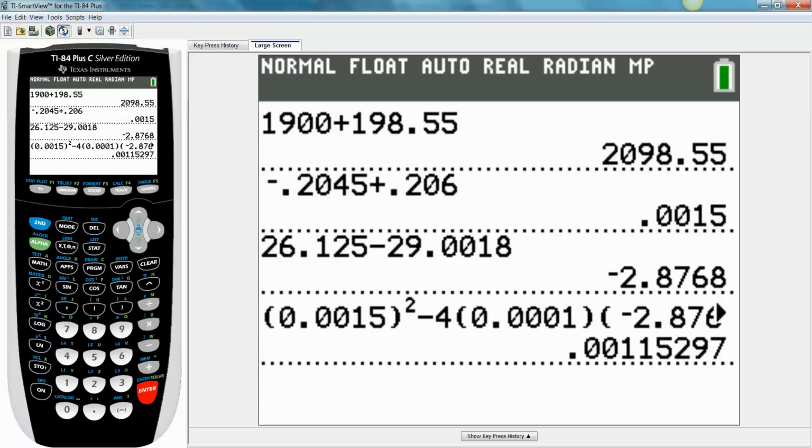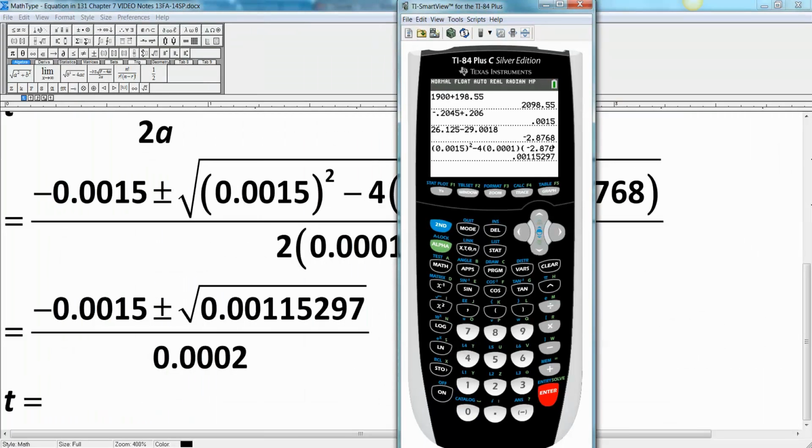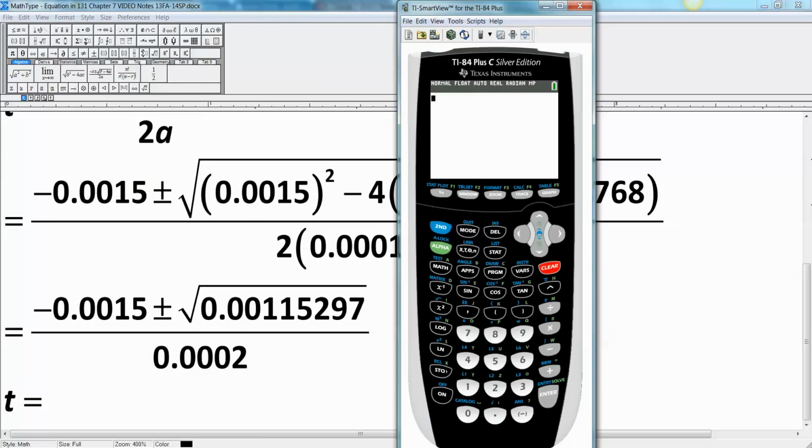Let's see. I'm going to make this go away so we can see it. Okay, so we want negative parentheses, negative 0.0015 minus the square root of 0.00115297, close parentheses. I want to divide that all by 0.0002.